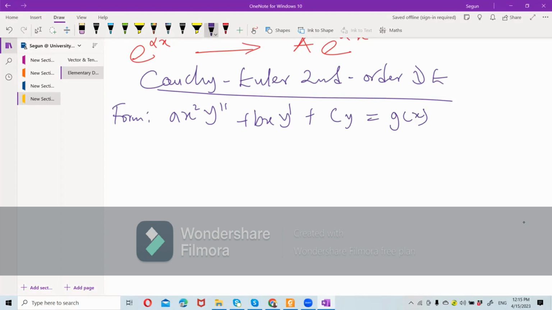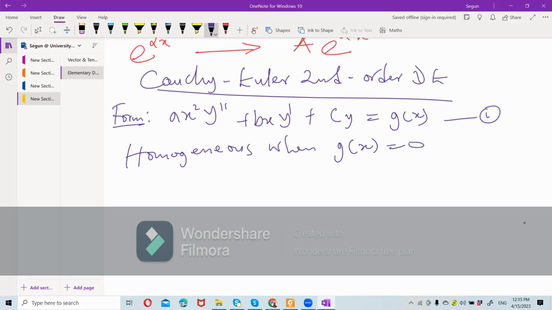Now, this particular form, let me call it equation 1, is homogeneous when g of x is equal to 0. It is non-homogeneous when g of x is not equal to 0. So take note of that too.